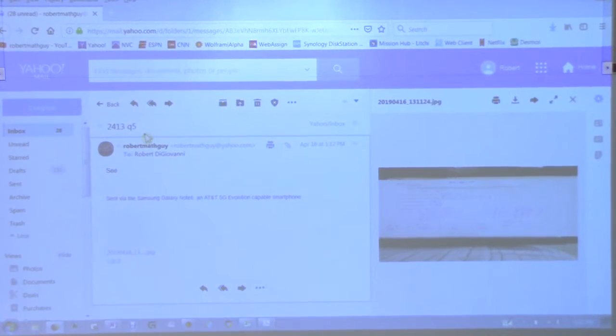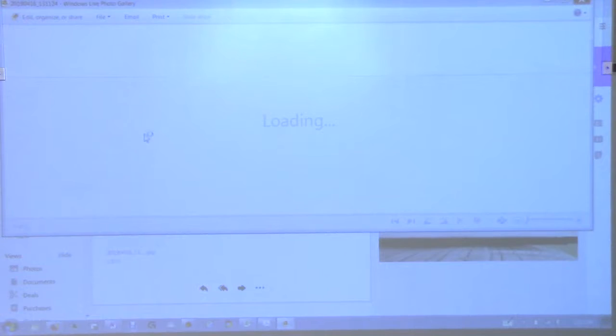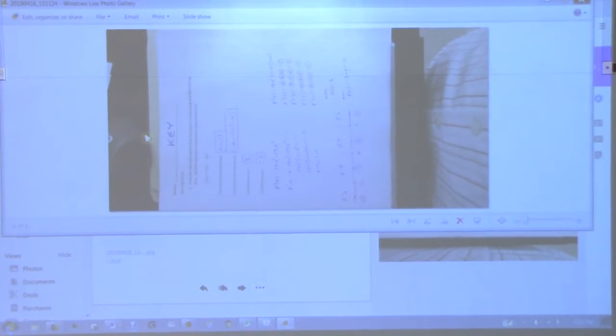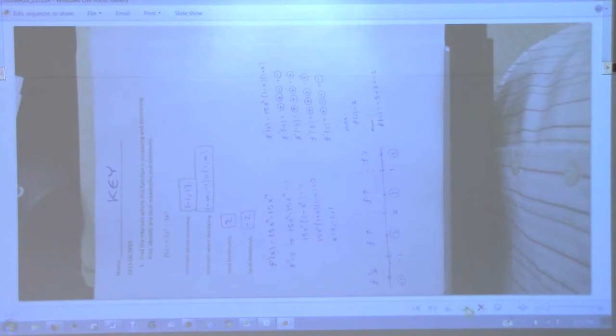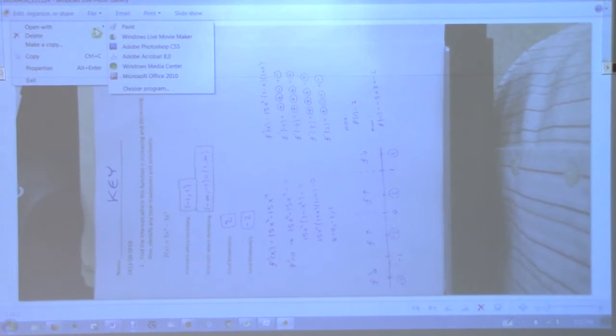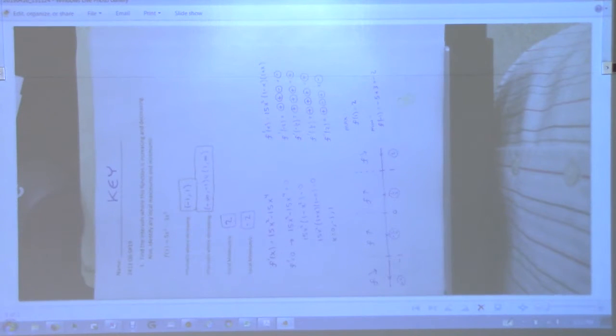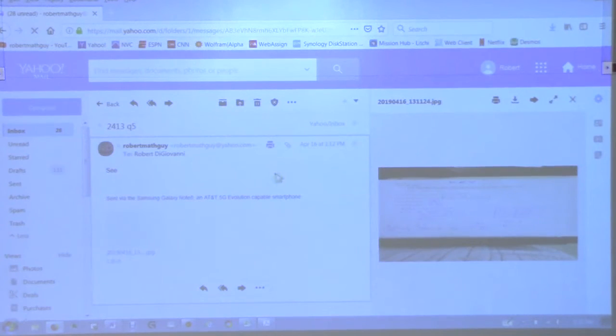I'm not sure how this is going to turn out here. Did I start recording? Yeah. Oh, man. Why can't I rotate this? Why can't I do this?